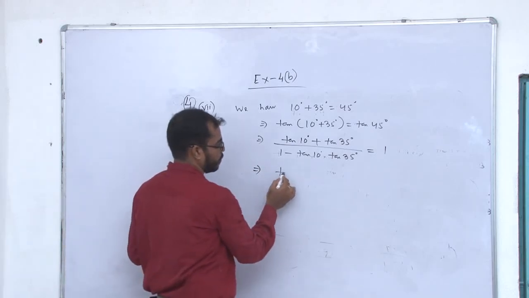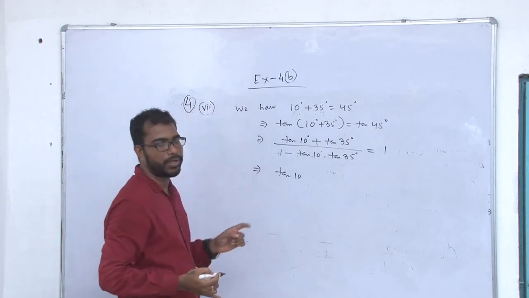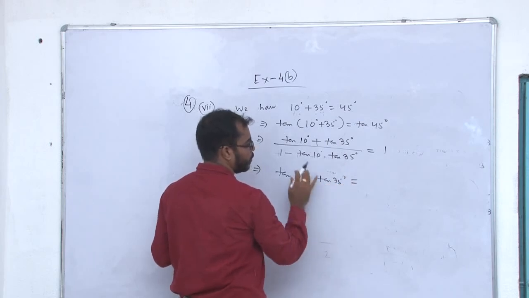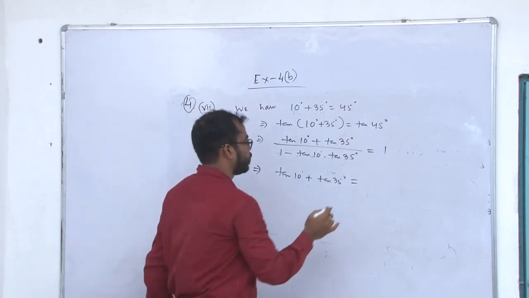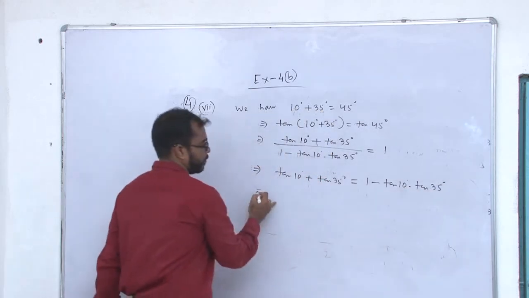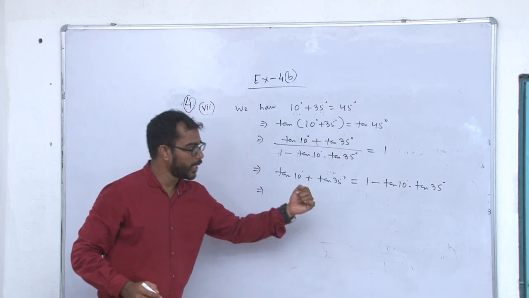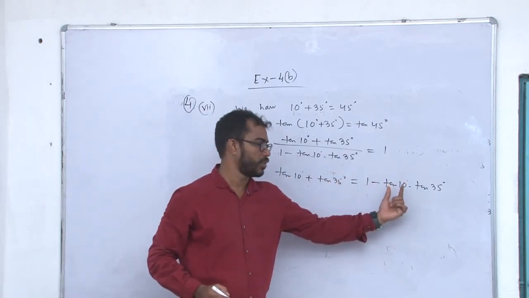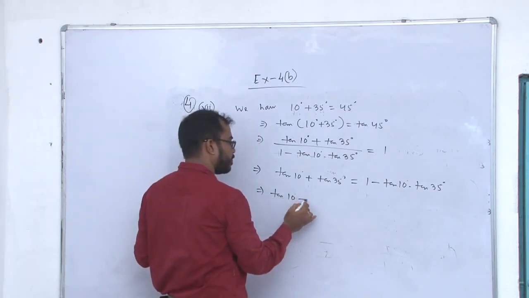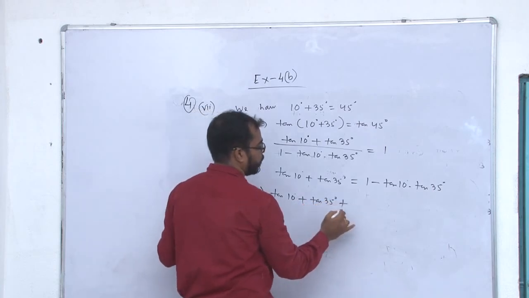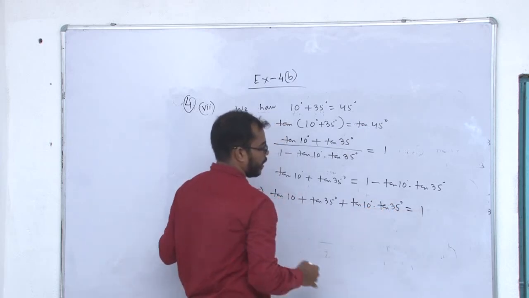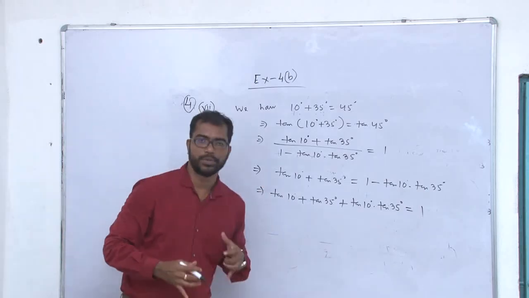If we take the denominator to the right side, then we get tan 10 degrees plus tan 35 degrees is equal to 1 minus tan 10 degrees into tan 35 degrees. Now we take the negative term from the RHS to the left hand side, then we get tan of 10 degrees plus tan 35 degrees plus tan of 10 degrees into tan 35 degrees is equal to 1. This is the expression we had to prove.